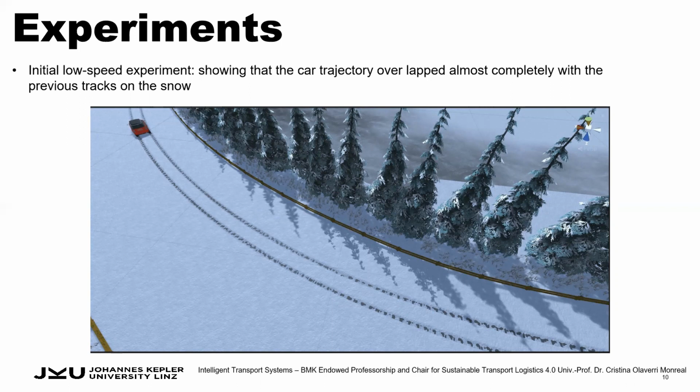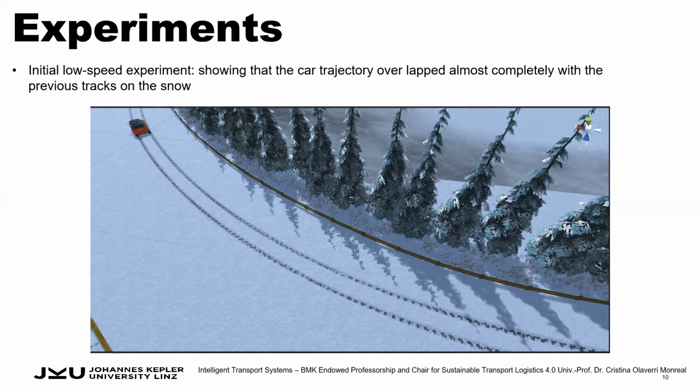With this relatively low speed, although the lane could not be seen, the vehicle could still be stabilized in the correct lane range. This image shows the car tracks left on the snow after a vehicle has driven several laps autonomously. The car trajectory overlapped almost completely with the previous track.